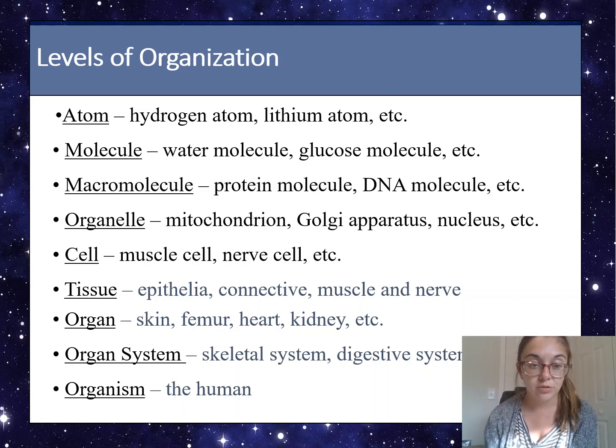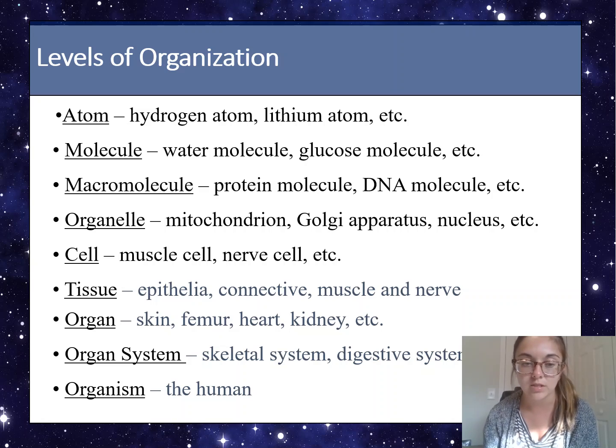Next is the tissue. Epithelial tissue, connective tissue, muscle, and nerve are the 4 types, and we will talk about those in detail in our next video. Then we go to organs: skin. A bone is an organ, so the femur, the heart, the kidney, they're all organs. Now, all of those organs belong to an organ system, like the skeletal system, digestive system.